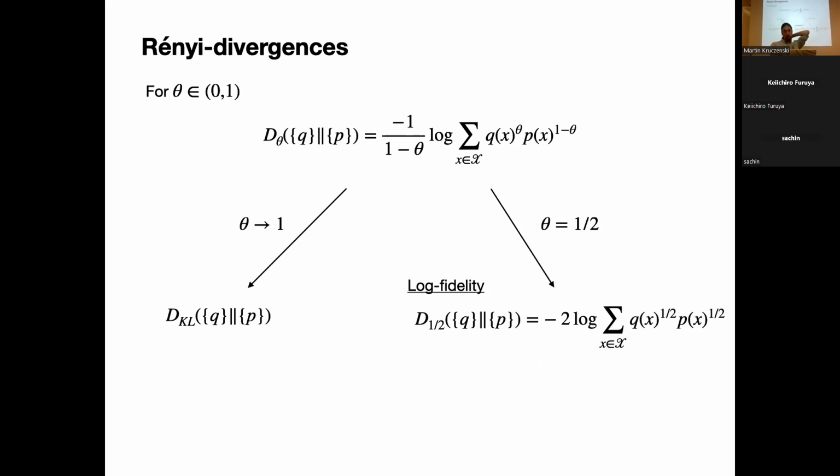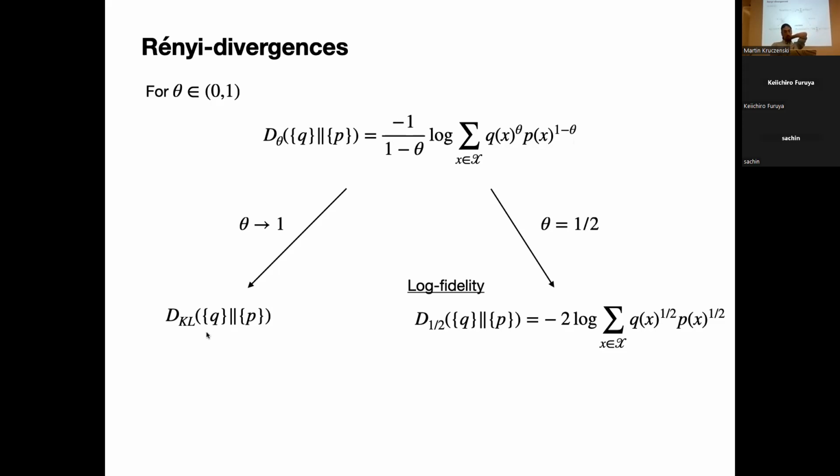Now you can generalize this into Renyi divergences in the classical probability case, where you have a parameter theta ranging from 0 to 1. In this case, you have this function, log of the sum of q(x) to the power of theta, p(x) to the power of 1 minus theta. So this is also a one-parameter generalization of the KL divergence or other classical divergences.